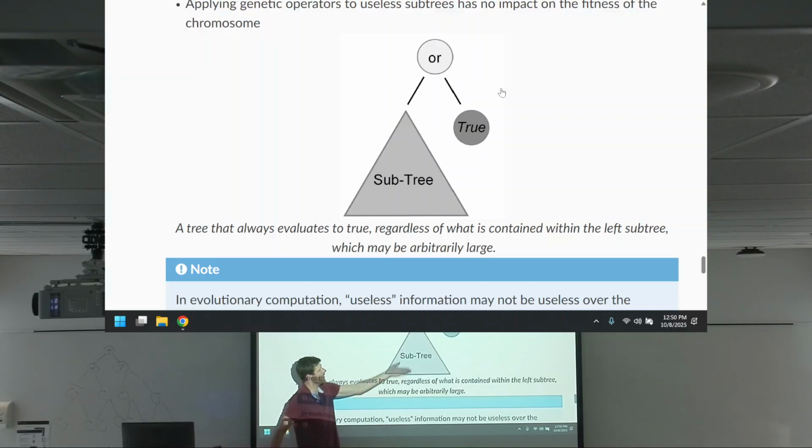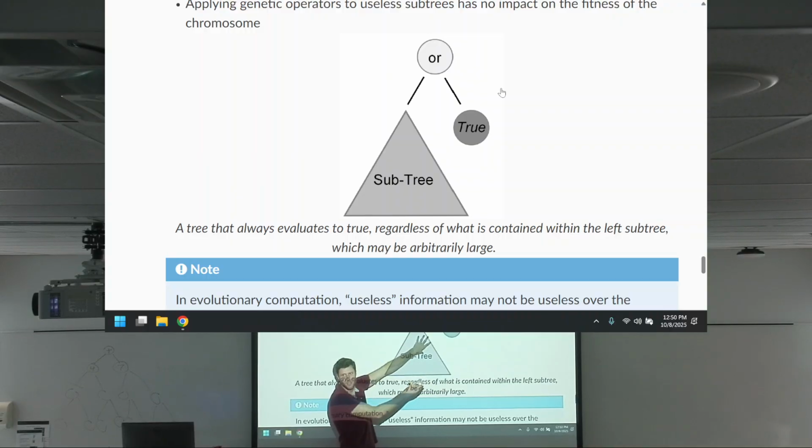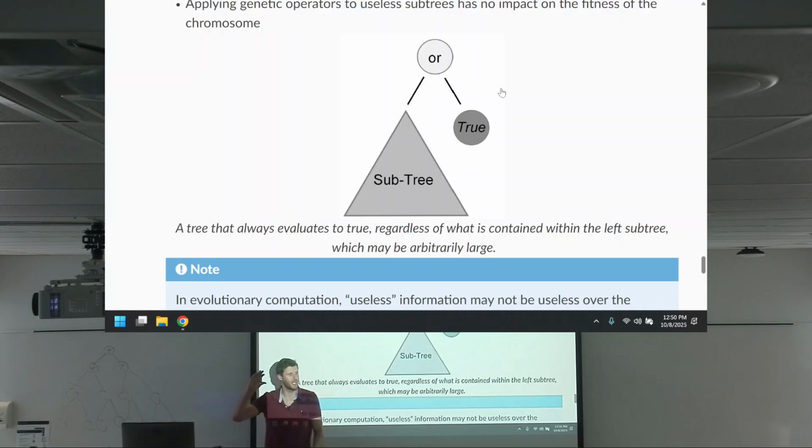The genotype of this tree is the tree. The phenotype of this particular tree is true. It always evaluates to true, right? So something in here might be valuable. Maybe it was really important and it just happened to get tossed into here such that it is never expressed.